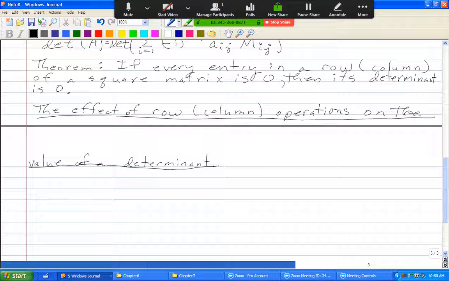Okay, so first, if you interchange rows, you now have a new matrix, but with the rows interchanged.